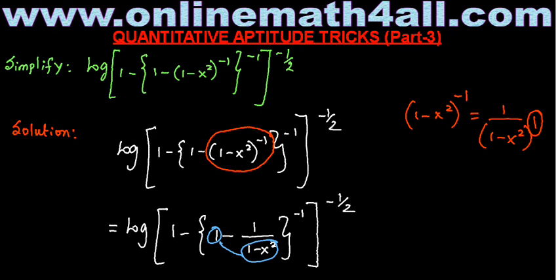Whenever we add or subtract an integer and a fraction, we multiply the integer by the denominator of the fraction, like this: 1 times 1 minus x square. After the integer is multiplied by the denominator, we take the denominator of the fraction as the common denominator. This is the step I am going to do.